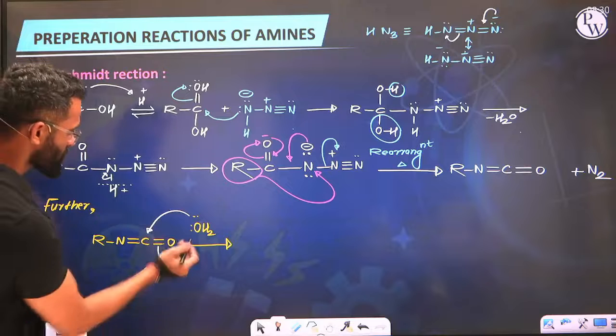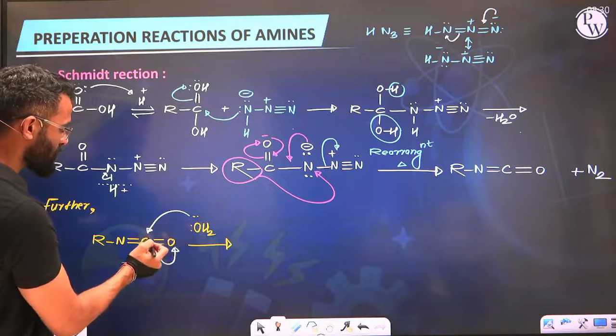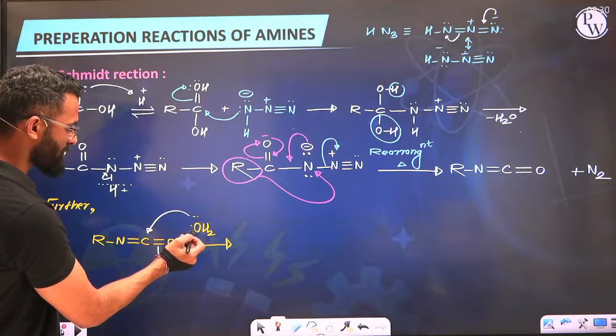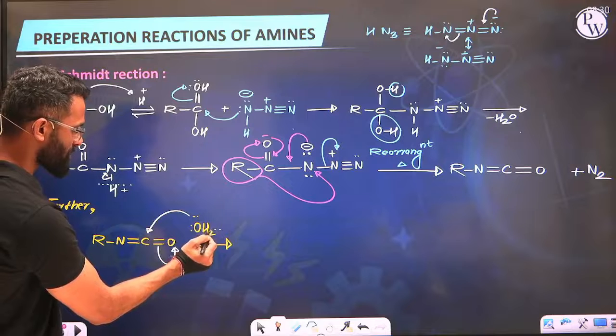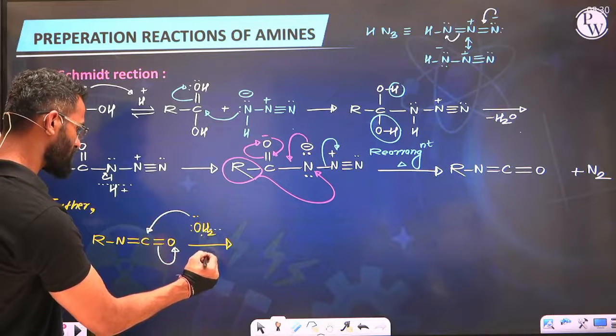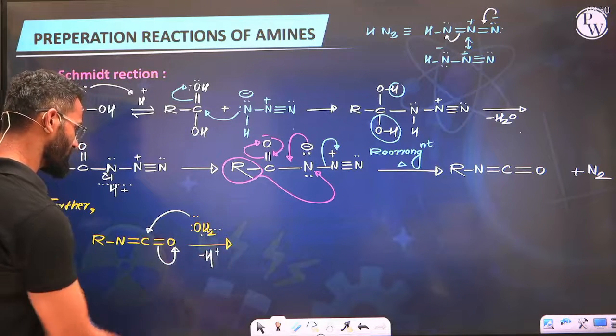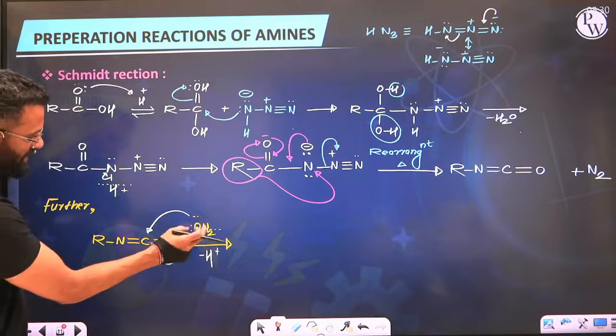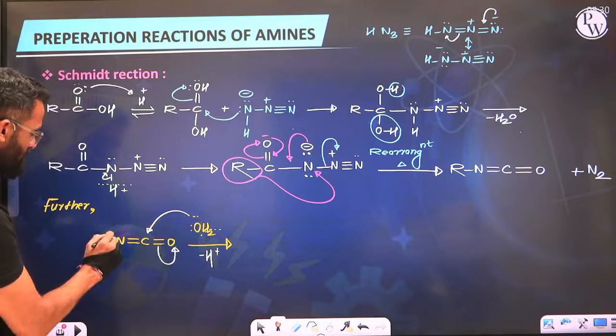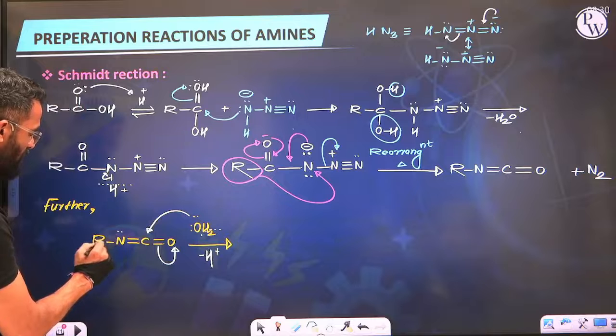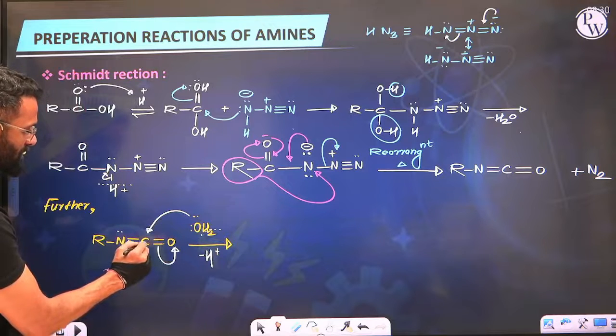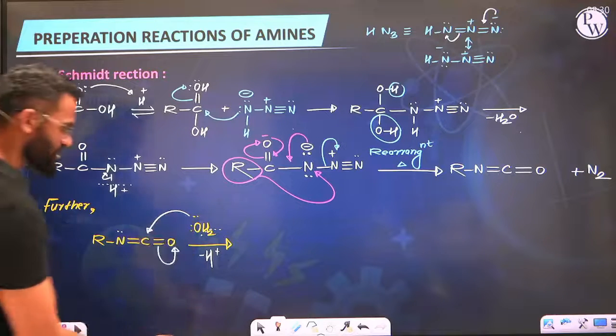Correct? Since oxygen is attacking over here, oxygen will be now becoming trivalent. So it will immediately undergo deprotonation. So let's say proton is lost from here. So effectively what is getting added? OH. So you'll be getting R, lone pair on N, and double bond C, single bond O carrying OH. So I'll write that.